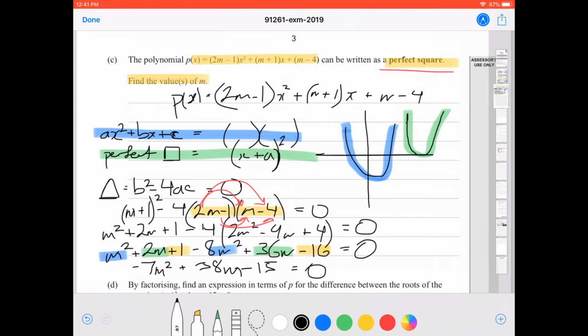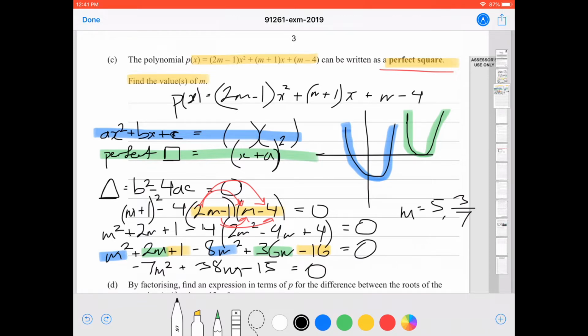And we get values of 5 and, so up here, m equals 5 and 3 over 7. And those are the same answers as in the marking schedule where they use the quadratic 7m squared minus 38m plus 15. And I guess that makes sense because the two parabolas are the same, they're just orientated different ways, but their roots are the same. Okay, sweet. So values for m here.